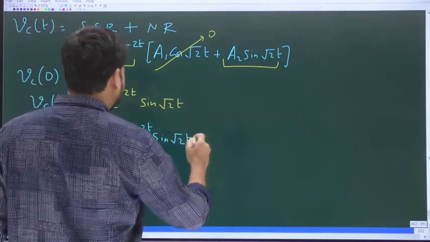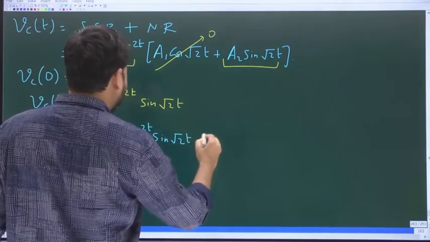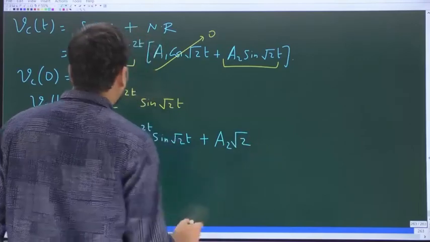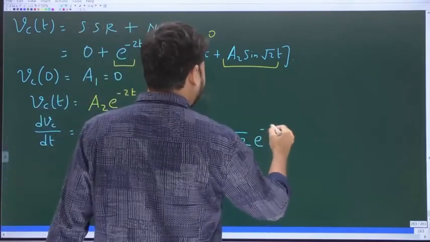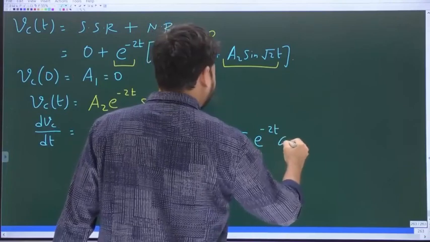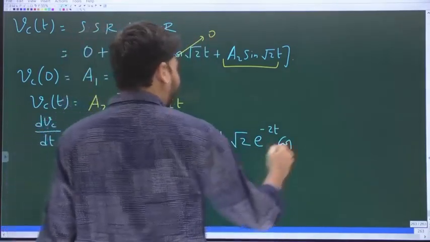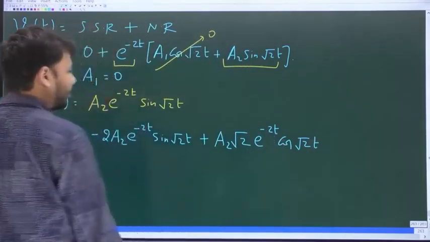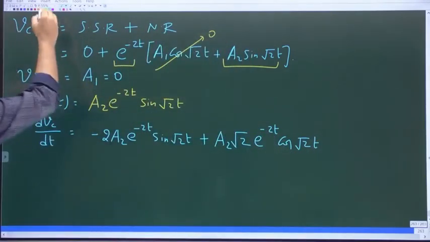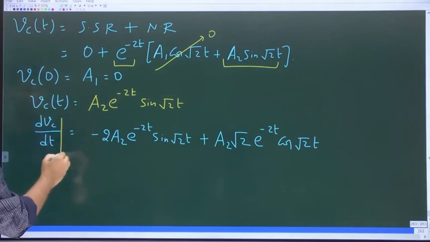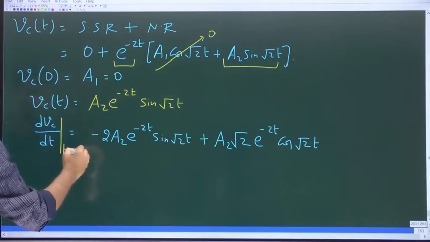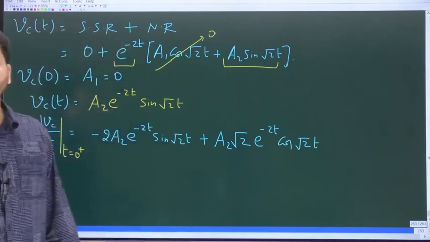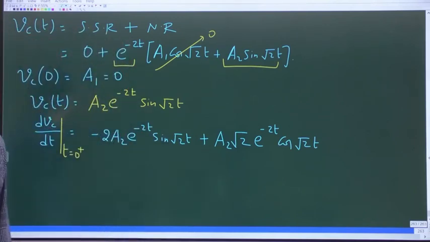If you differentiate the sine function, you will get a2 root 2 e power minus 2t cos root 2t, since differentiation of sine is cos. And then, we should evaluate the derivative at t equal to 0 plus. If you are evaluating anything at t equal to 0 plus, you should substitute t equal to 0.